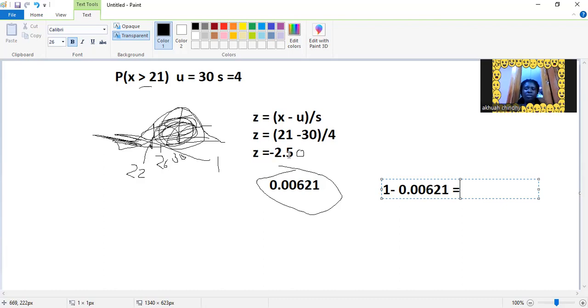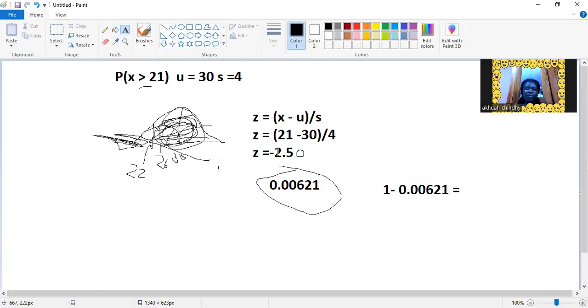So this side is negative 2.25. Okay, sorry, not 2.5. So we go back to our negative table to read negative 2.2 at the left hand side. Then we look for 0.05 at the right hand side.